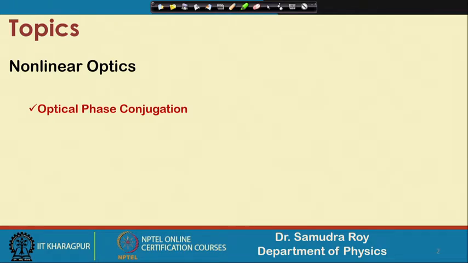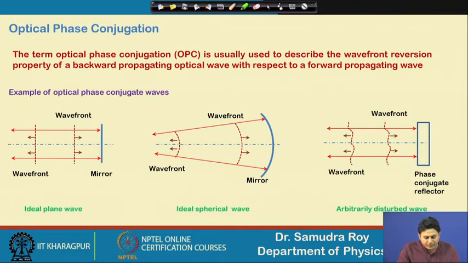in this class. So, what is four-wave mixing, and what is phase conjugation under four-wave mixing? Before going to that topic, let us try to understand what phase conjugation basically is. The term optical phase conjugation, as written in this slide, is usually used to describe the wavefront reversion property of a backward propagating optical wave with respect to the forward propagating wave.